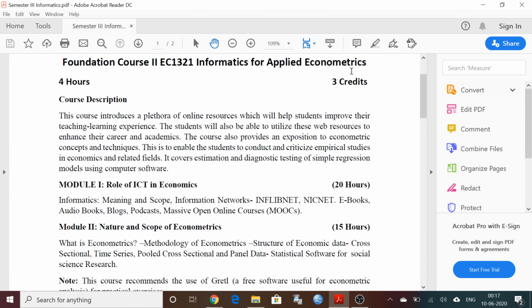In the second module, we are introducing a subject, that is econometrics, which is a different one, and this is for our analysis, right? And for analysis we need certain statistical software, and this is a part of information technology. So statistical software are used for our econometric analysis. So what is that statistical software? We are going to introduce all those things in that module.